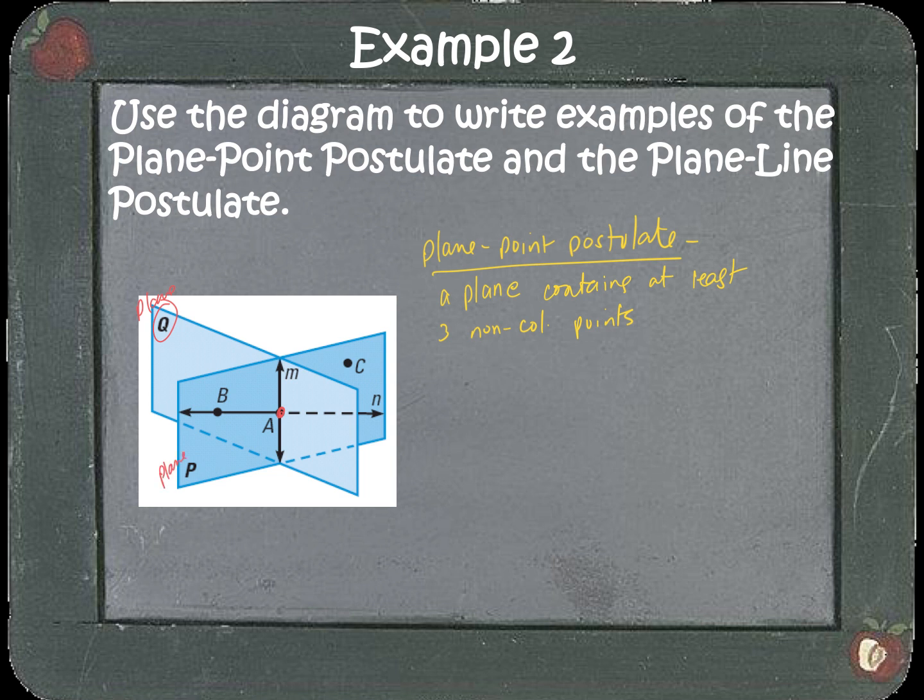Plane P has point B, point A, so it has this line, and it has point C on the plane. So how would I show an example of the plane point postulate? If I said something like plane P contains B, A, and C.